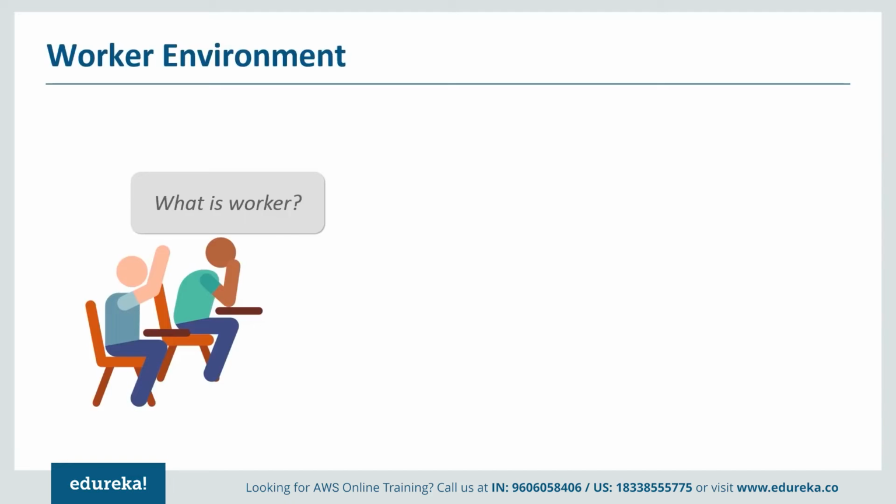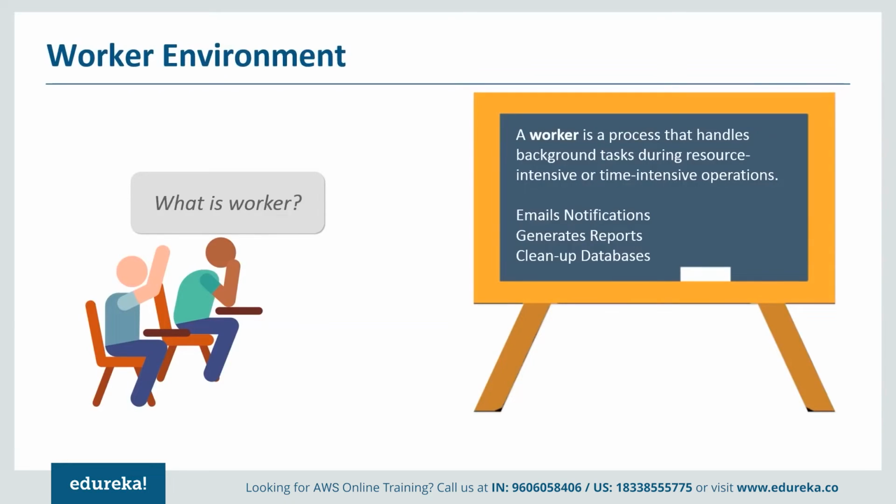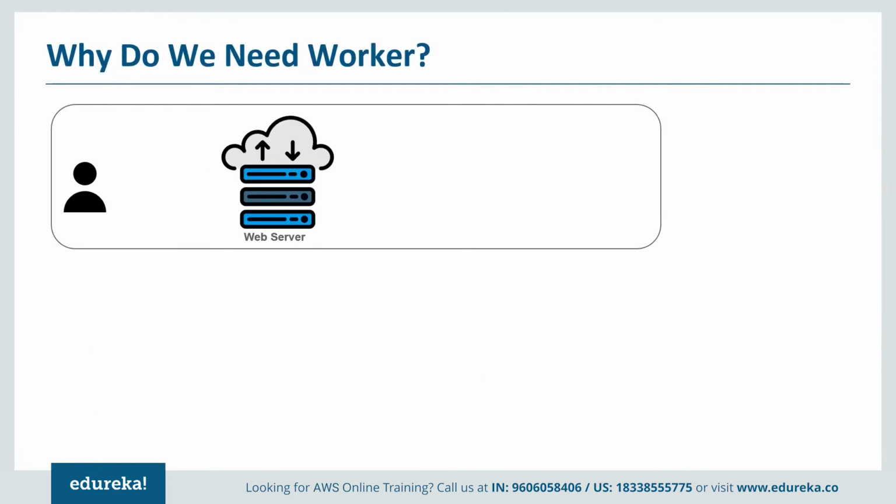This worker handles all these tasks on behalf of web server. So basically, worker is a process that handles background tasks which are time intensive and resource intensive. In addition, if you want, you can use worker to send email notifications, to generate metric reports, and clean up databases when needed.